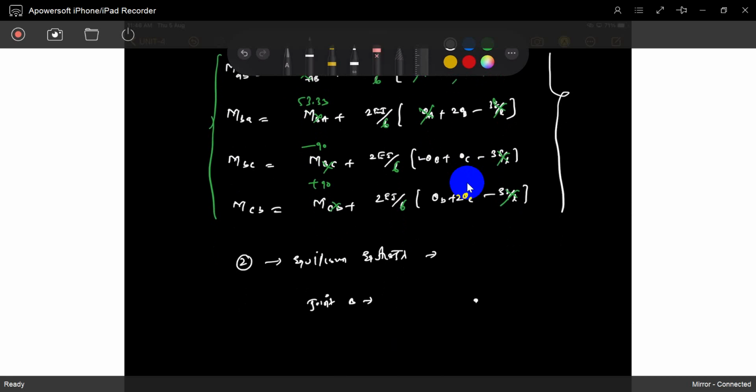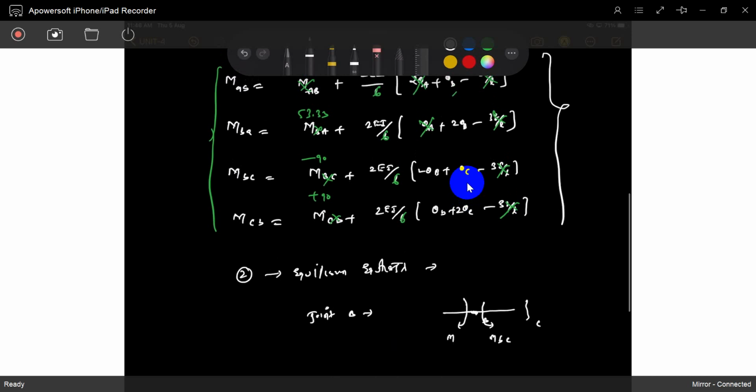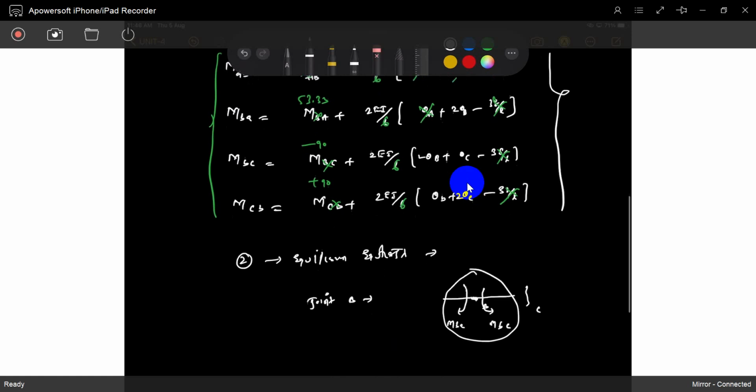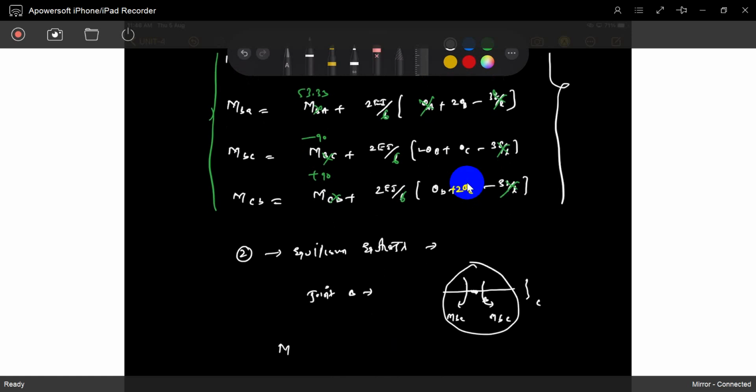If you see joint B, this is MBC, this is MBA. Understood? The joint is in equilibrium. So what will you get? MBA plus MBC is equal to 0. Both are taken in clockwise direction. Maybe later we will get plus or minus, we will see later.